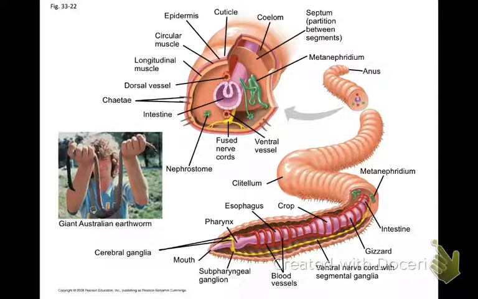Then the body wall is made up of some layers of muscles and an epidermis, and then each of the individual segments or rings of the worm are separated by a partition that's called a septum.